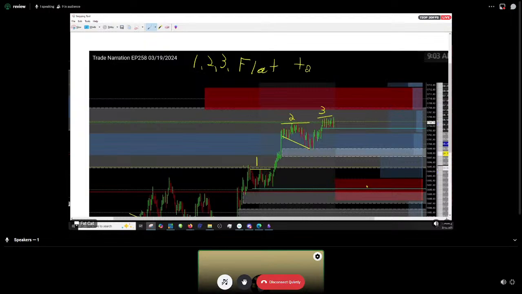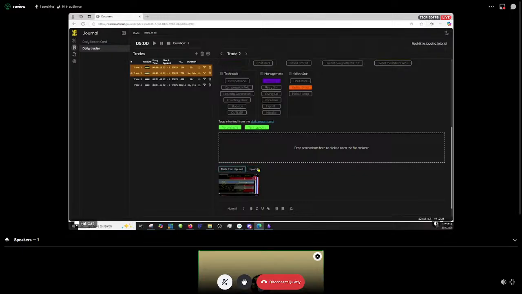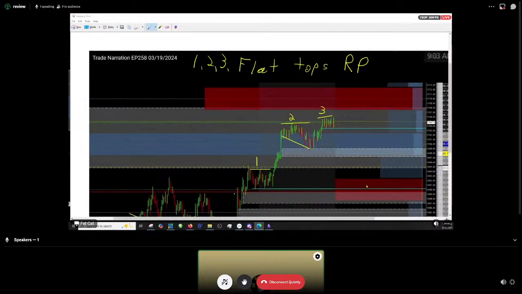This is a repeating pattern. So I'm going to probably just put RP for repeating pattern at this point. I want analogies. I'm still trying to figure out the workflow on this. All I need to do is go to paste from clipboard, upload. Don't need to save it.